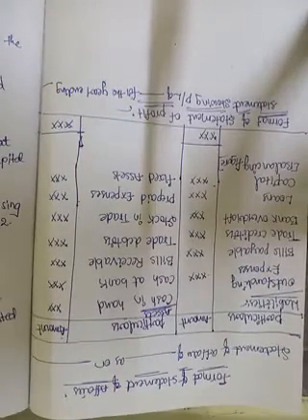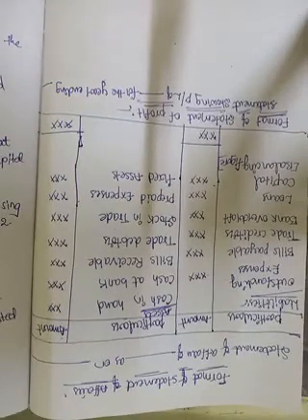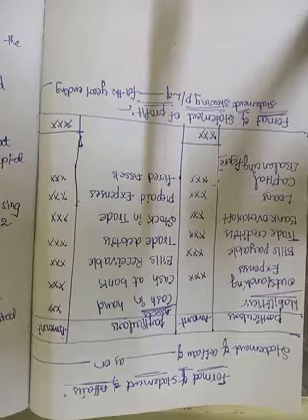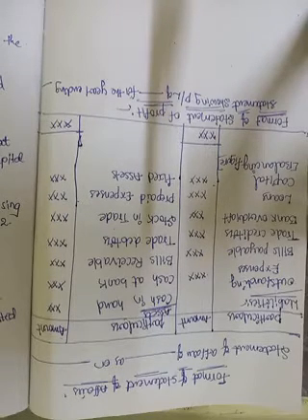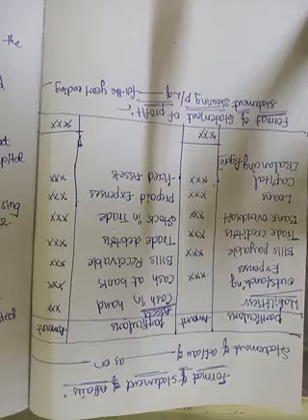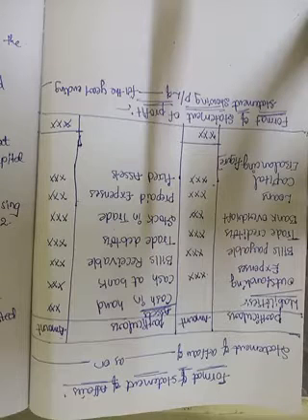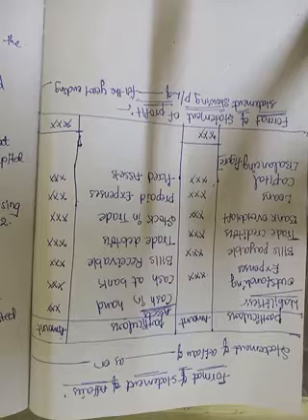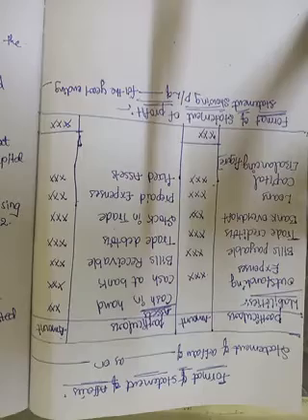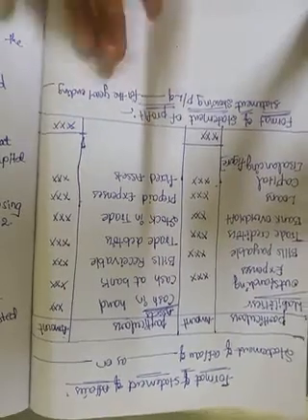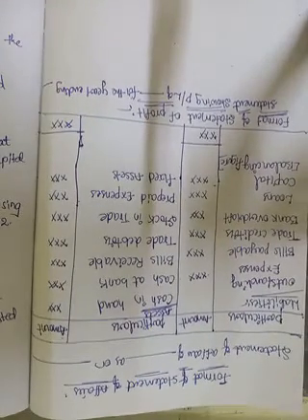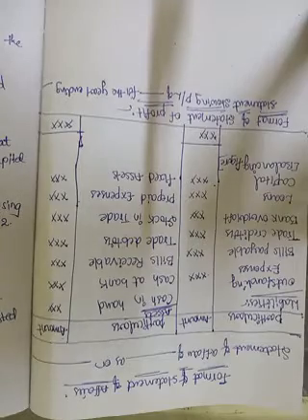One is financial year and the second one is calendar year. Financial year means from 1st April to 31st March. The next is calendar year, 1st January to 31st December. So we'll take whatever year is given in the question.